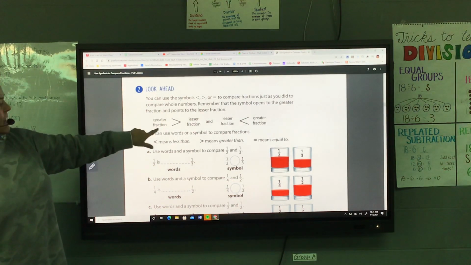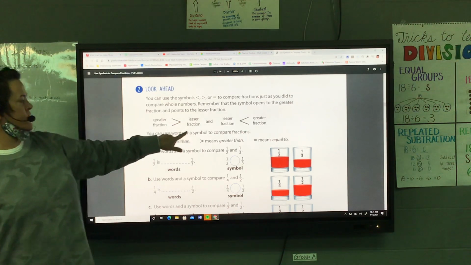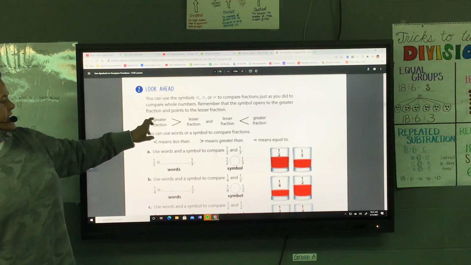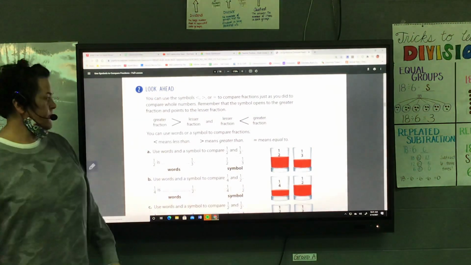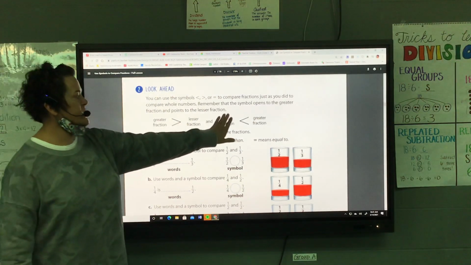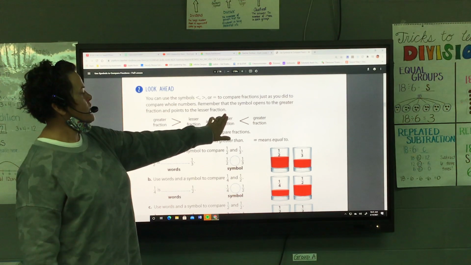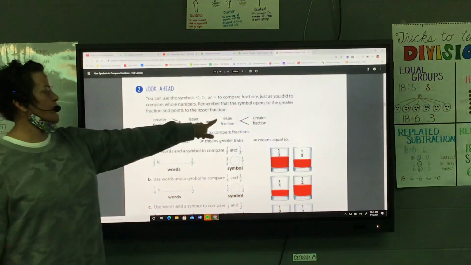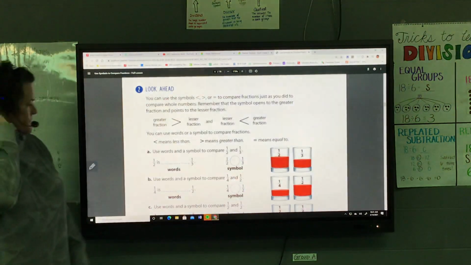So if this is the greater fraction and this is the lesser fraction, you would say this number is greater than this number, okay? But like if this was 1/4 and this was 3/4, we would say 1/4 is less than 3/4.